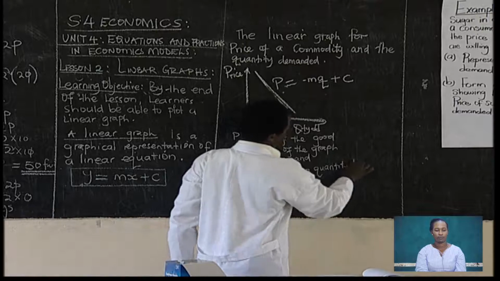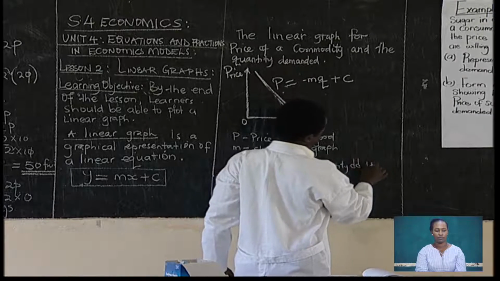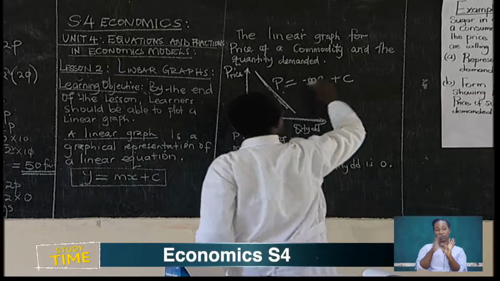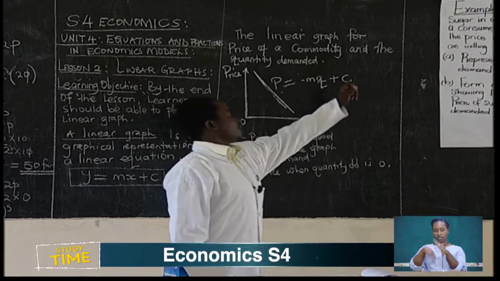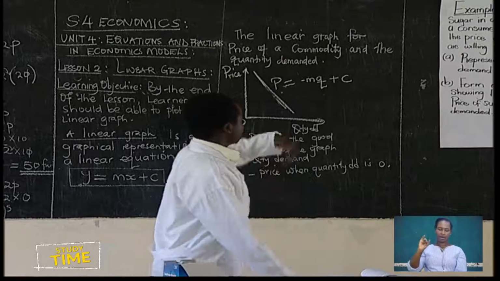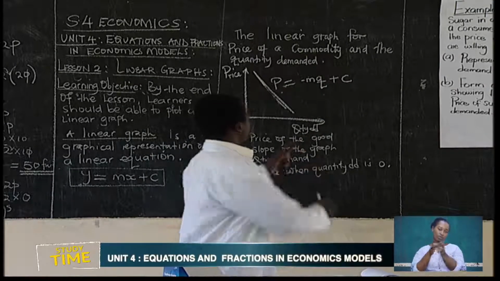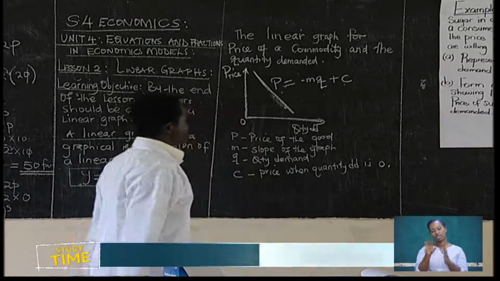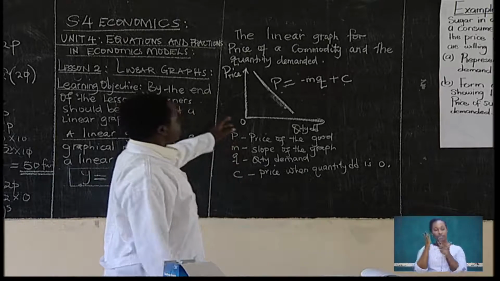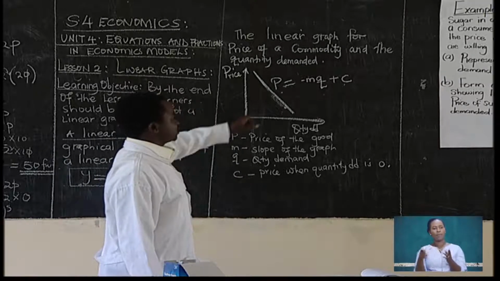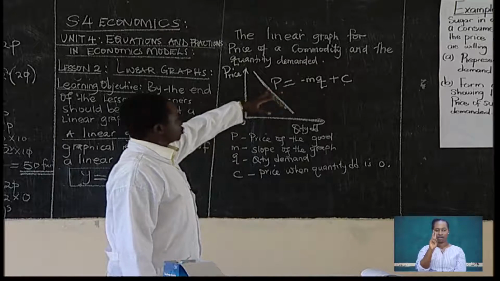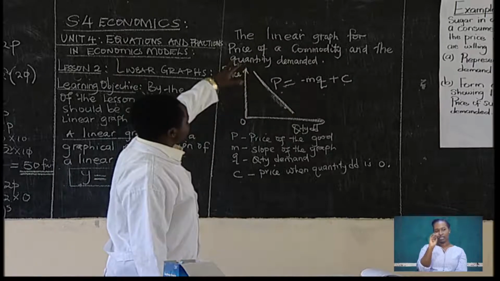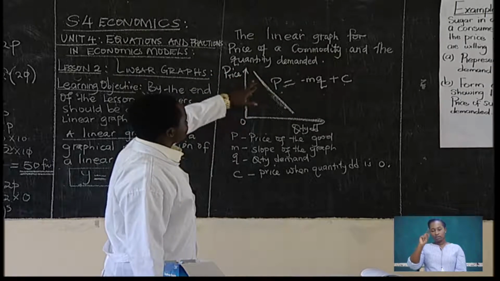When quantity demanded is 0, everything here turns into 0, so we shall have our price as that. When we calculate this, we shall be able to get the value of c. Then you must know that this is a normal demand curve, and this is the general equation of our linear graph for price of a commodity and quantity demanded.